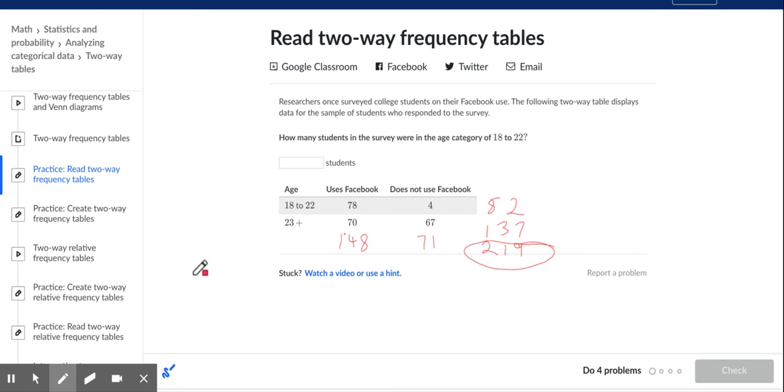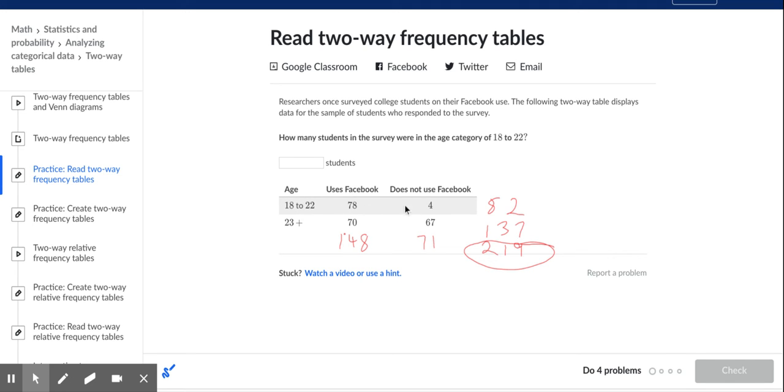Okay, so now that we've looked at what we can do with a frequency table, we can do other things, but for the sake of this question, these are some things we can do with a frequency table. Let's look at what they're actually asking for. They're saying how many students in the survey were in the age category of 18 to 22. So regardless of using Facebook or not using Facebook, who's in this category?